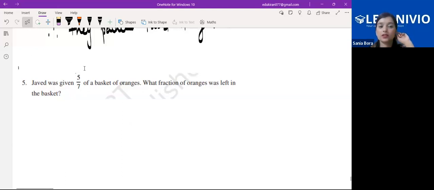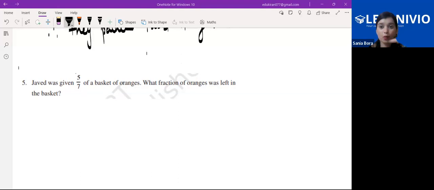So, for example, Javed was given 5/7 of a basket of oranges. From that, he picked one. Ma'am, do we have to subtract the denominator with the fraction? There is nothing written there. It is only saying that Javed was given 5/7 of a basket of oranges. What fraction of oranges was left in the basket?